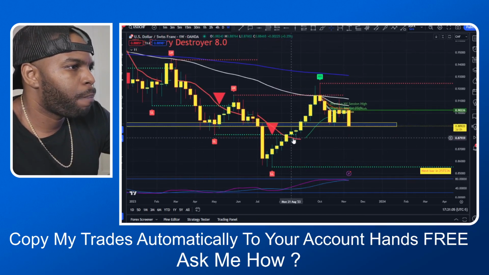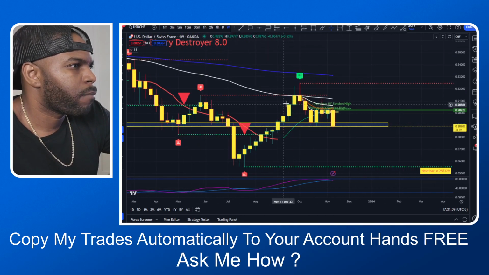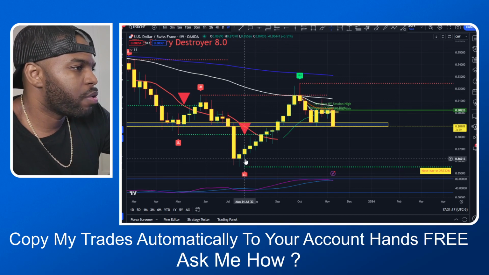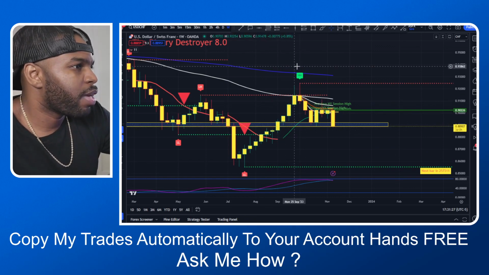So, we got a higher high. We're still in the uptrend because this is a higher low here. For 11 weeks, this thing has been going to the upside.